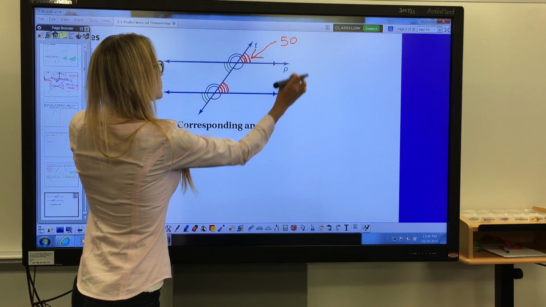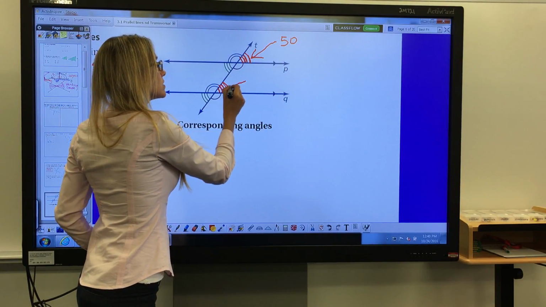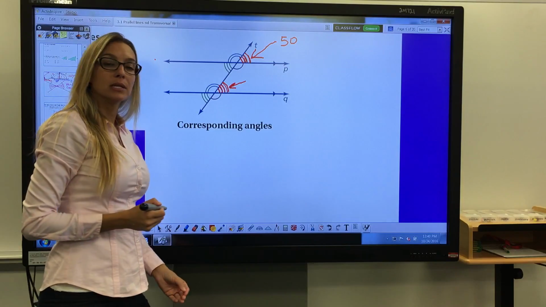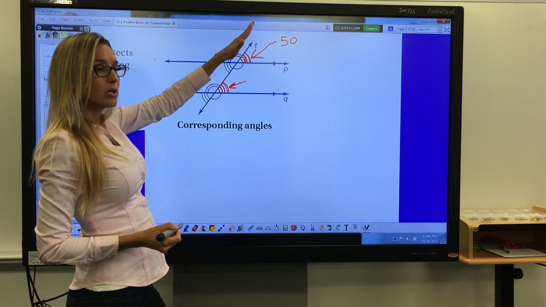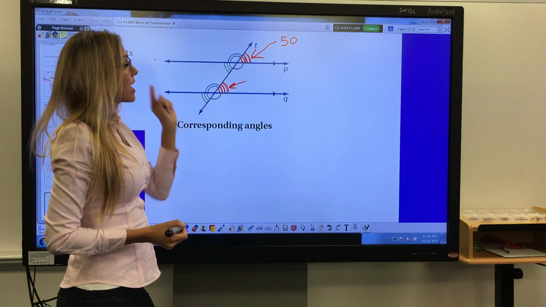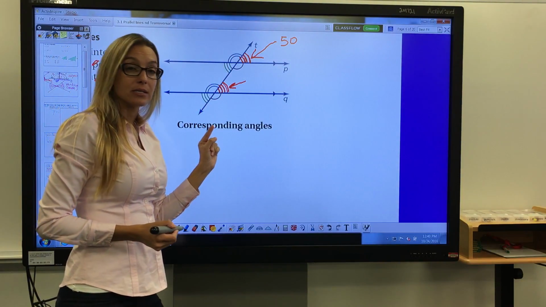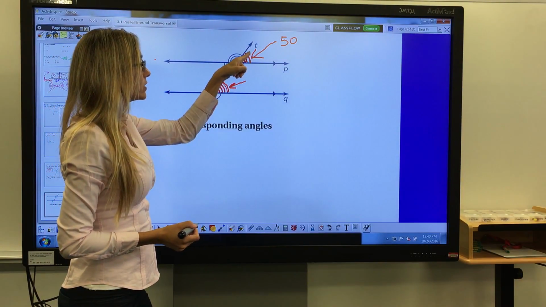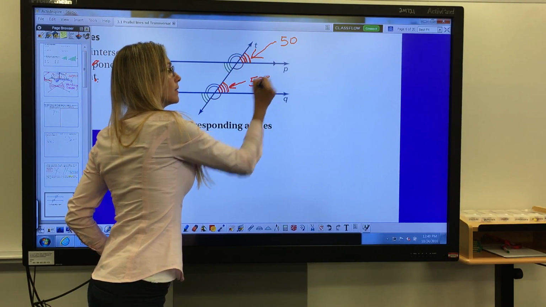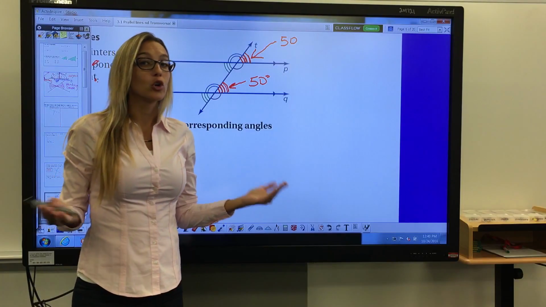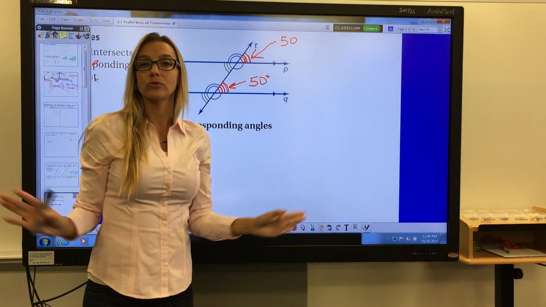Or if you lift this, place it on top, you will see they lay at the same spot. If these are parallel lines cut by a transversal, they're identical. That means the angles will be identical. So if this one is 50 top right, this one is also 50. And now I can figure out all of the rest of the angles.